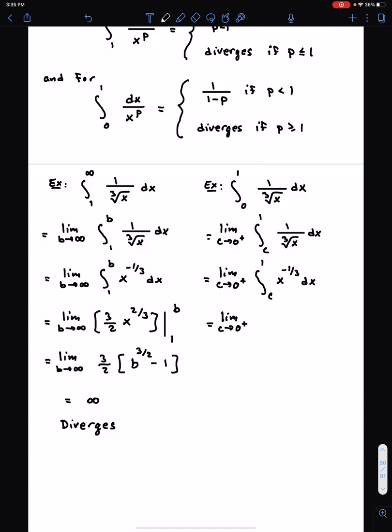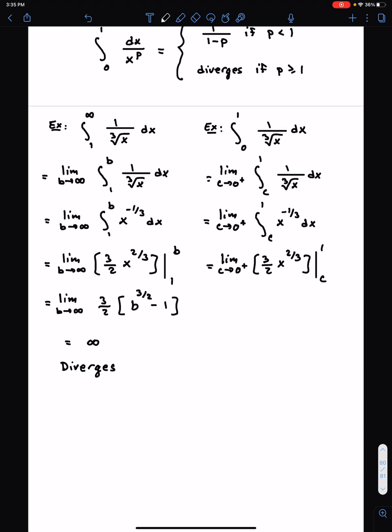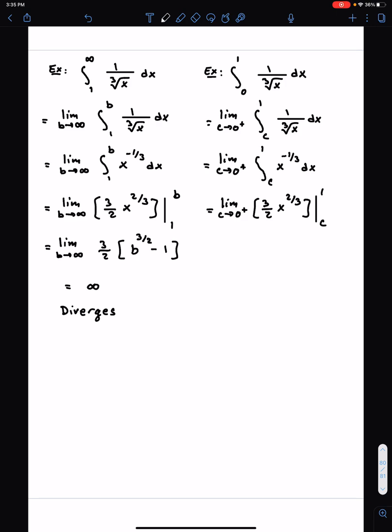So the limit as c approaches 0 from the right of 3/2 x to the 2/3 evaluated from c to 1. So the limit as c approaches 0 from the right of 3/2 times, if I plug in 1, 1 to the 2/3 is 1, minus c to the 2/3.